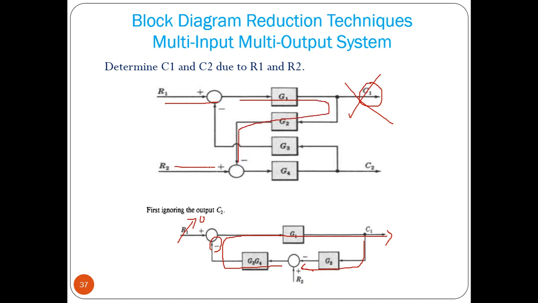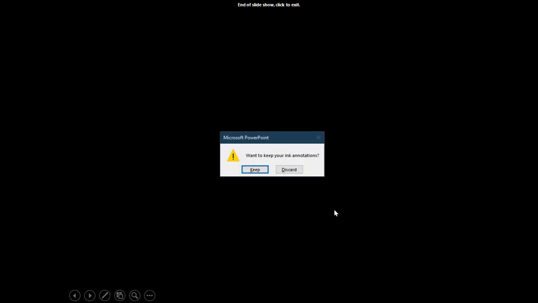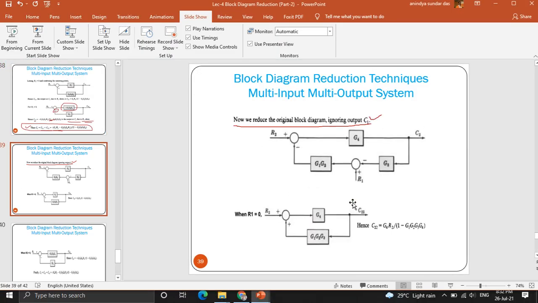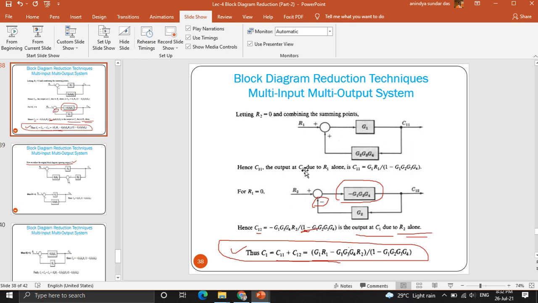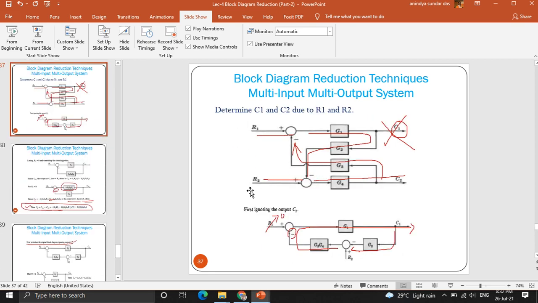Okay, this is the point, and here G4 output is fed back to this. Okay, so this is the way we are getting. So what is the block diagram? Okay, let me check that. Okay, so what we are doing here, R2, so output is C2, right?